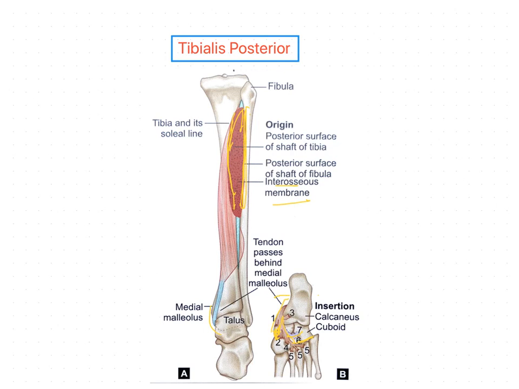This muscle is also supplied by the posterior tibial nerve. If you see the function, it is a powerful inverter of the foot, helps in plantar flexion of the foot, and maintains the medial longitudinal arch of the foot.